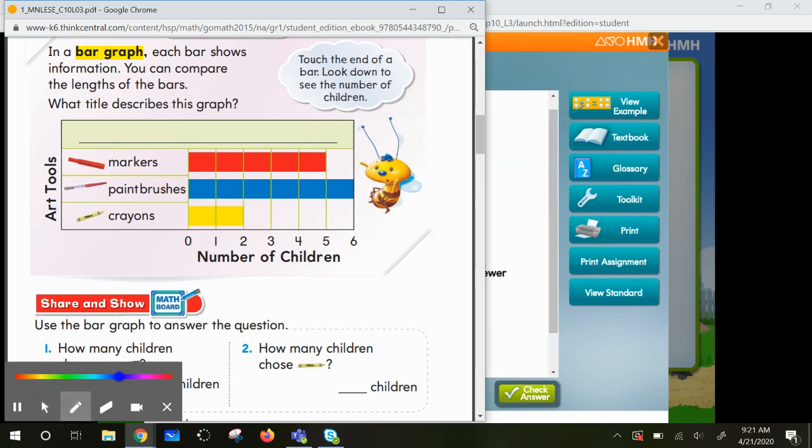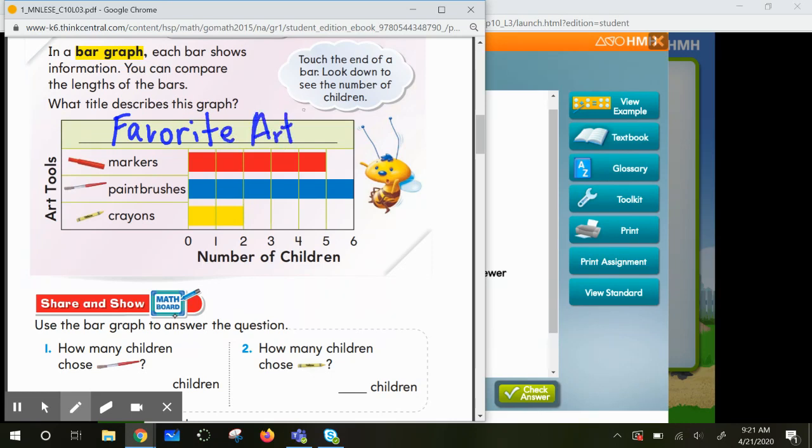So we talked about this on our interactive math lesson. Favorite art tools.